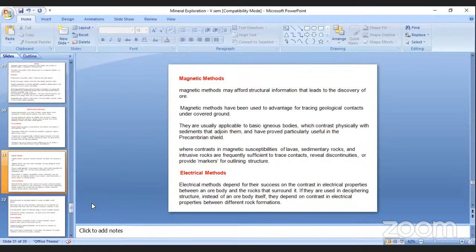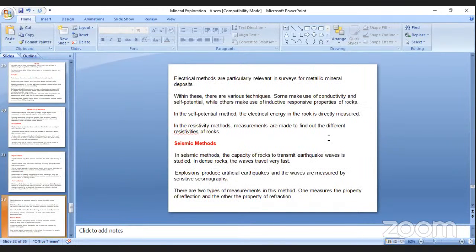To describe the structure, we can use the electrical properties of the different rock formations. Based on those rock formations, which allow electrical power through their pores and which have mineral content, we look at the fluctuation of power or electrical fluctuations.